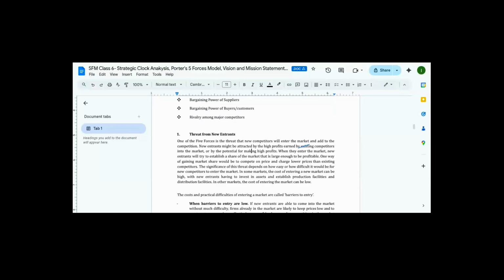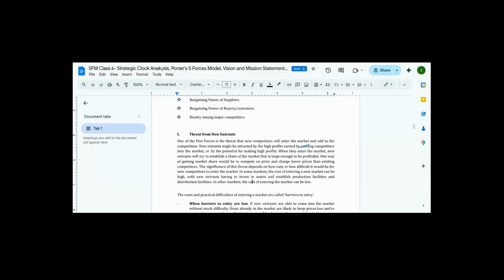So when I asked what we can do, Uncle Porter said, tell your students that what we can do to prevent the emergence of the new entrants is to place a high entry barrier. When you place a high entry barrier, if perchance some of them emerge, the number of new entrants will be extremely low.